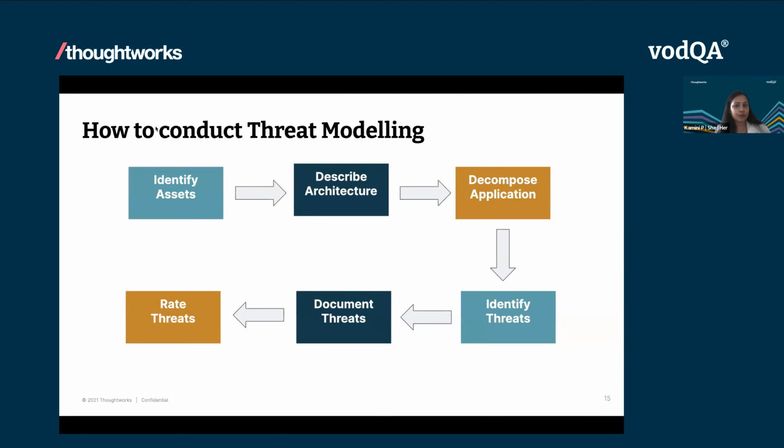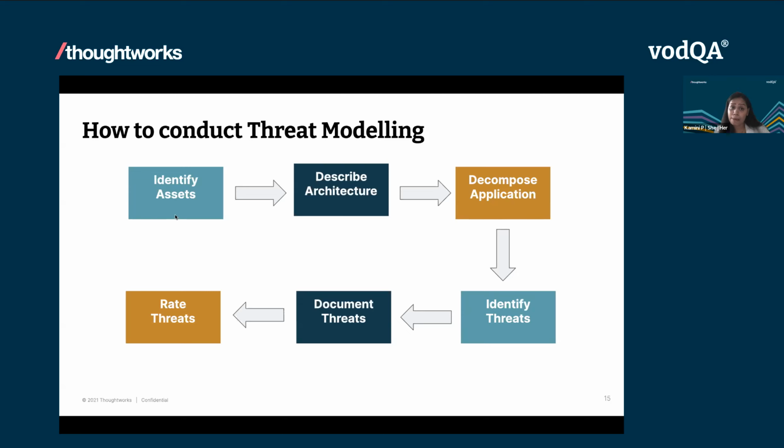All right, now that we know what threat modeling is and why we want to do it, let's see how to conduct threat modeling. In order to do that, we'll have to identify what exactly we want to do the threat modeling of. Let's say we want to do a threat modeling of our own application. That application is identified as an asset to us, right?